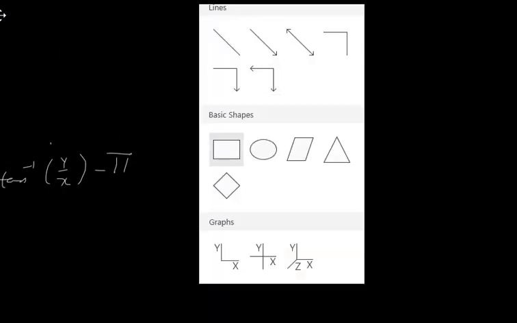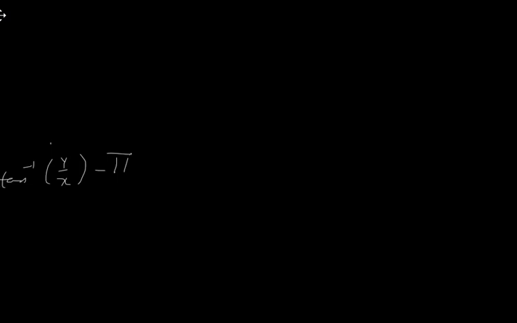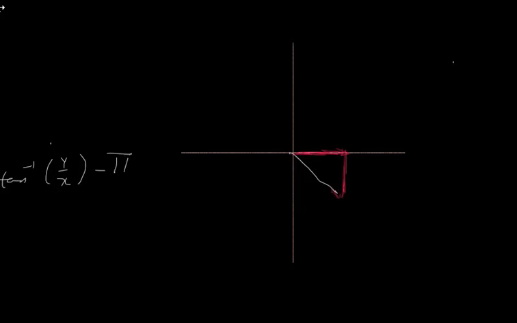Now let's consider the fourth quadrant. What will happen? In the fourth quadrant, there is some exception. Let it be, it goes x units along the positive real axis and y units along the negative imaginary axis.